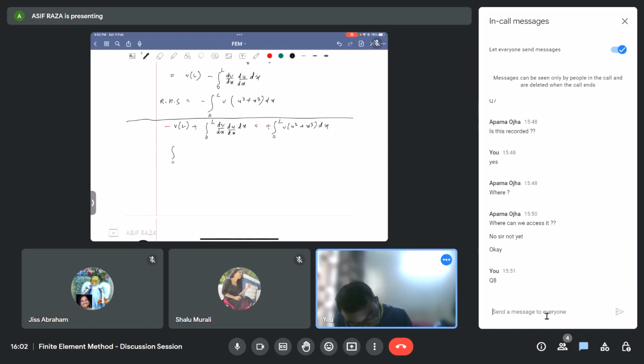So we have integral 0 to L dv by dx du by dx dx minus V(L) equal to integral 0 to L V u square dx plus integral 0 to L V x cube dx.